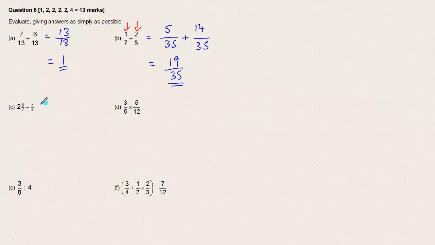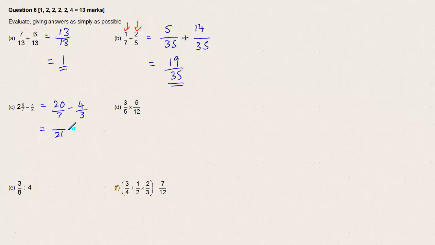2 and 6 sevenths take away 4 thirds. Make this one into an improper fraction. 7 twos are 14. Add 6 is 20, so that's 20 over 7. Take away 4 thirds.